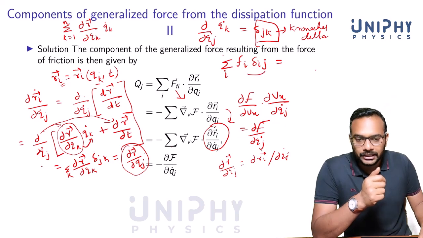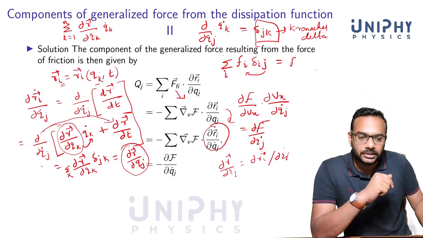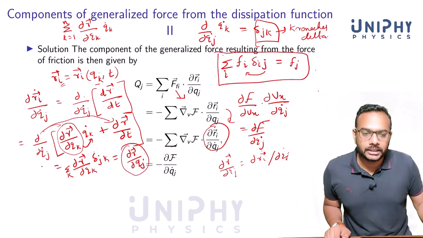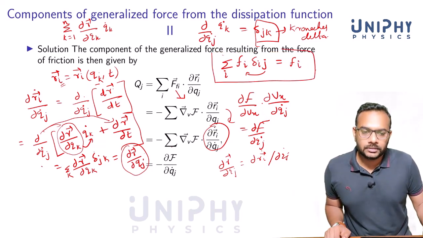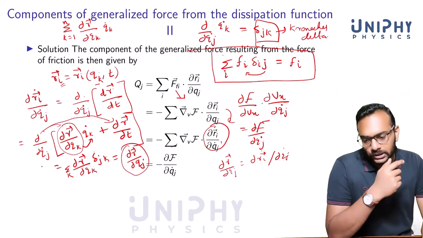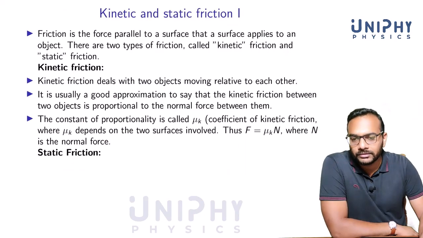So you can put i equal to j and the summation disappears. You can simply write this as f_j. This is a nice property of the Kronecker delta. Stokes law we have seen.